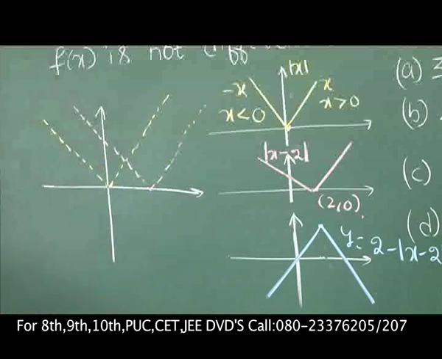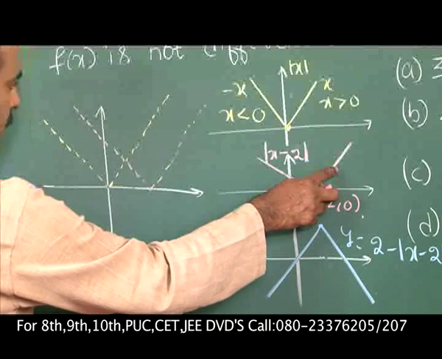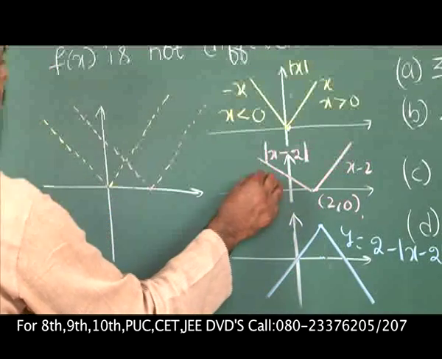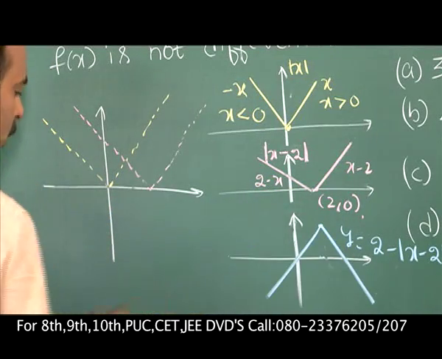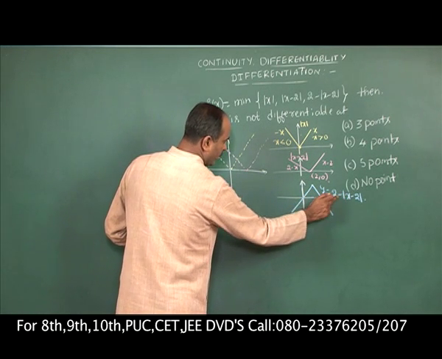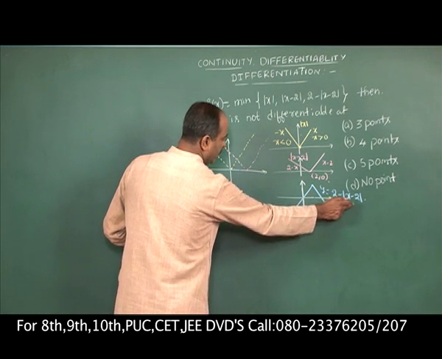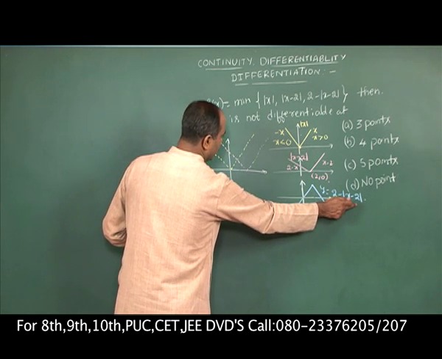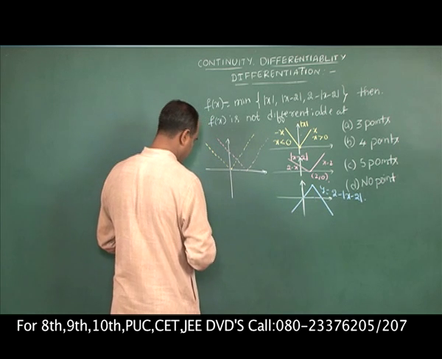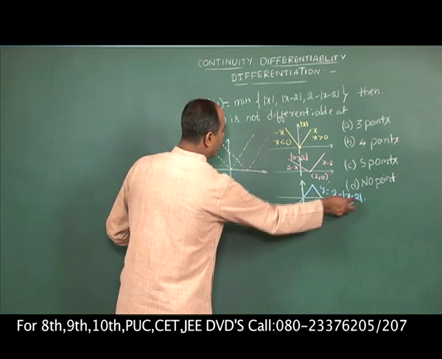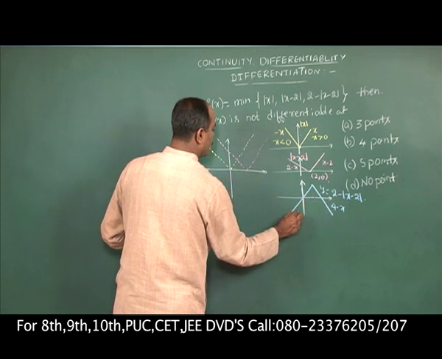And before forgetting, this line is x - 2 and this is 2 - x. What about these two lines? This line is 2 - (x - 2) when x is greater than 2. That is 2 - x + 2, that is 4 - x. This line is actually 4 - x. And this is 2 - (2 - x), that is, this is y = x.